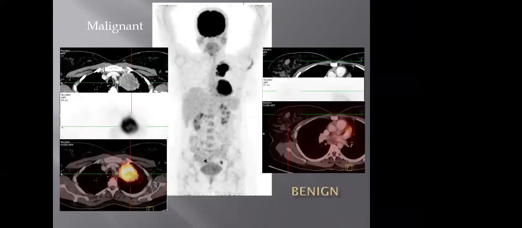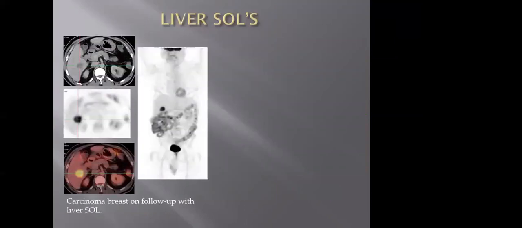On the right panel, there is a nodule in the breast which is not PET positive and definitely a benign lesion. This is how we usually differentiate, and we are almost, I would say, 95% accurate in distinguishing benign versus malignant lesions based on PET scan uptake.